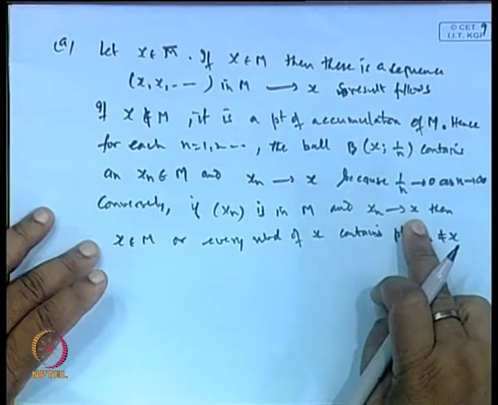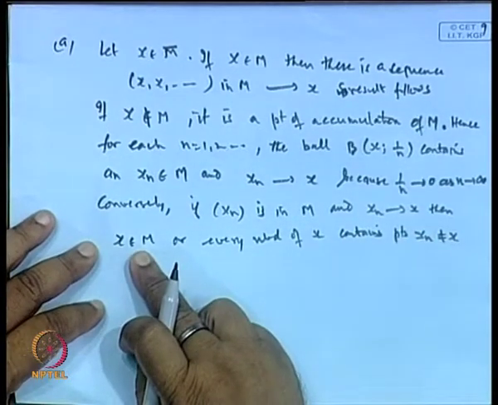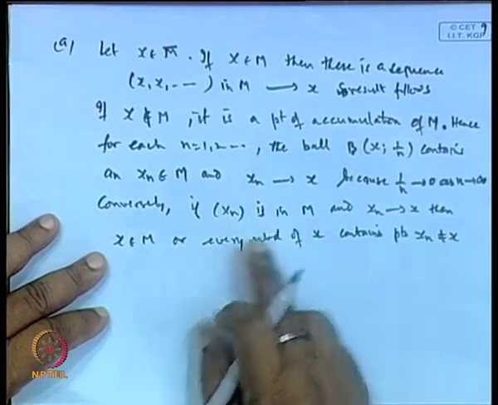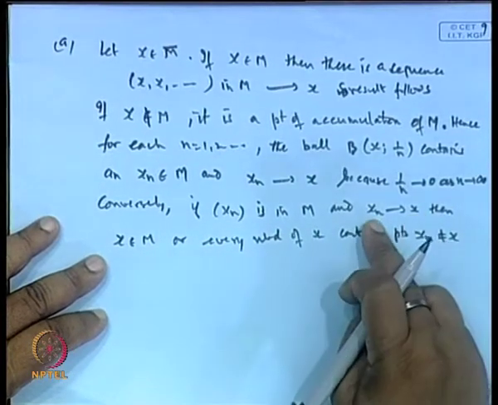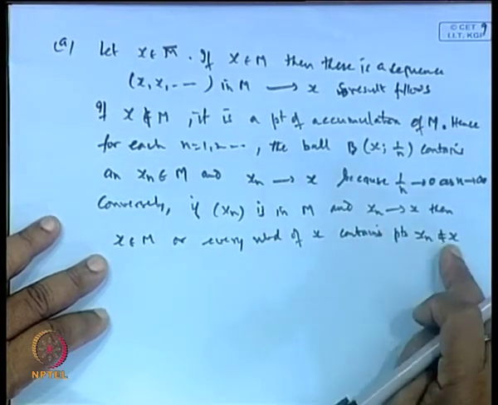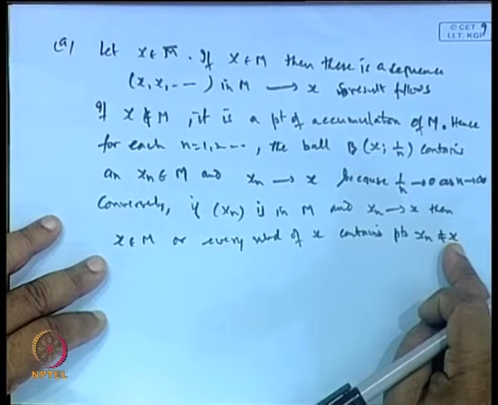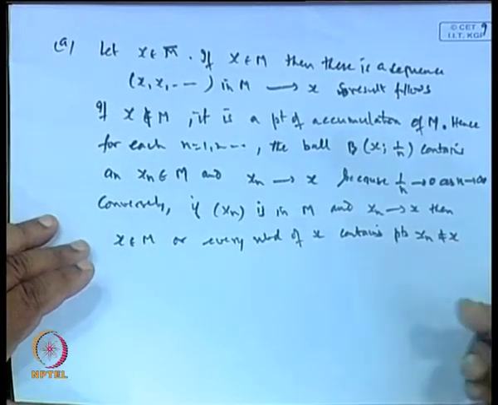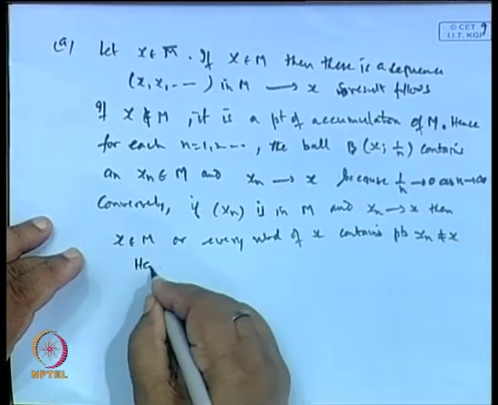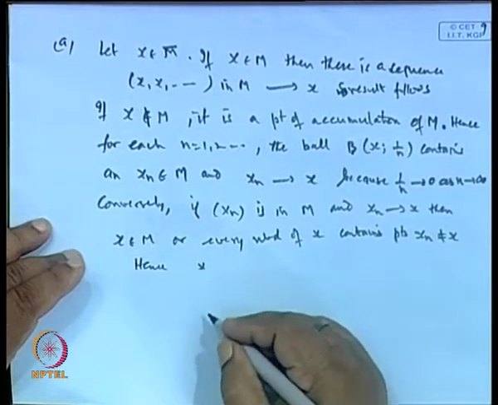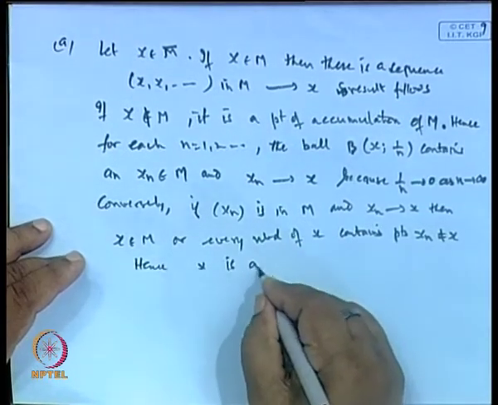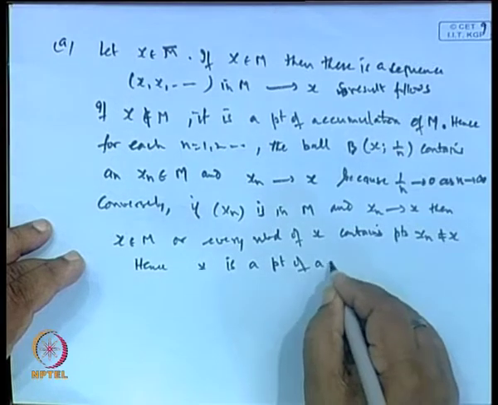So, either x will be a point in M, okay, because x n are in M, or if it is not, then every neighborhood of x will contain the point x n which is different from x. So, this shows that x must be an accumulation point. Hence, x is a point of accumulation.